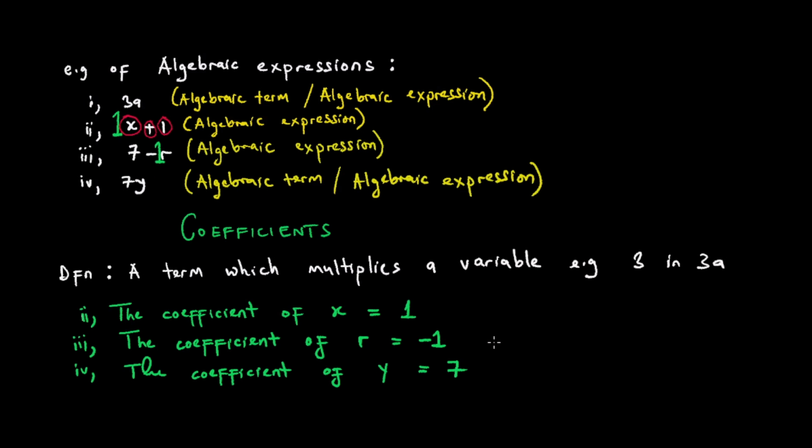Those are the coefficients. In 7y, 7 is the coefficient of y. 7 y's have been added together. We can go on to x. There's only one x. You can think about it in this way. The coefficient of x is 1. So the coefficient of x in that order is 1.